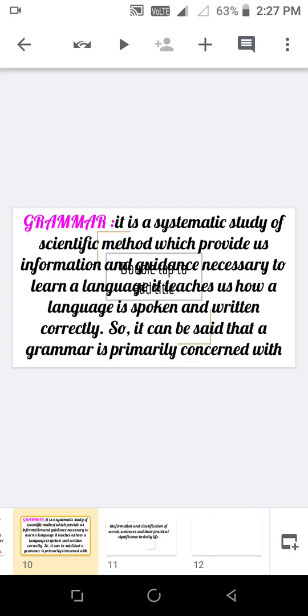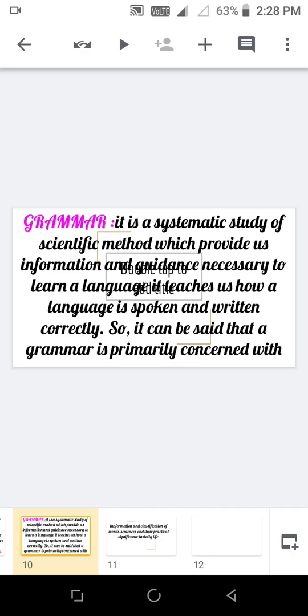Now, we came to the main concept at last, right? That is nothing but grammar. Now, let us know exactly what the term grammar means. It is a systematic study of scientific method which provides us information and guidance necessary to learn a language.